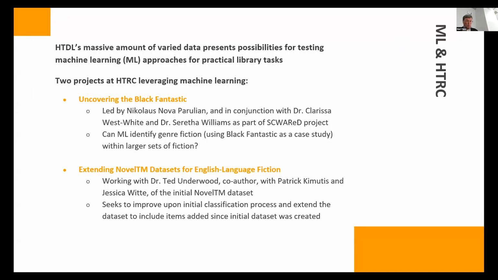So the Black Fantastic Project, as I said before, working with these scholars, Dr. Calissa West White and Saritha Williams. And can we use machine learning to find this genre, this class, and also to find more nonfiction English language books?